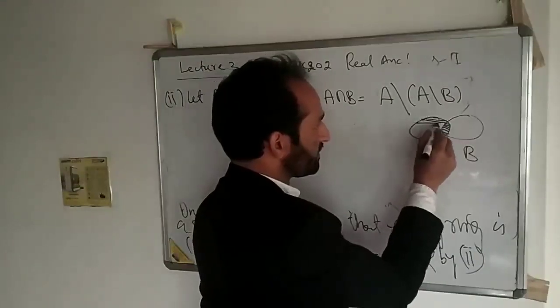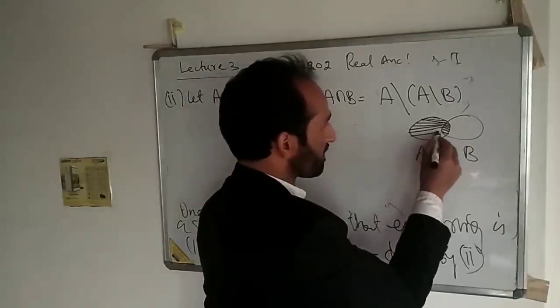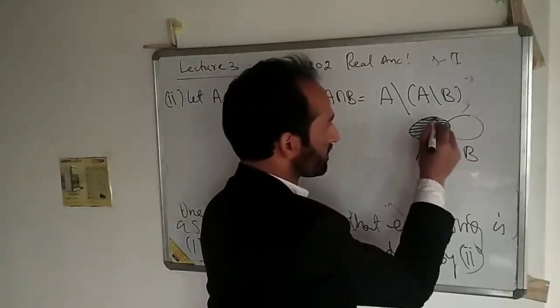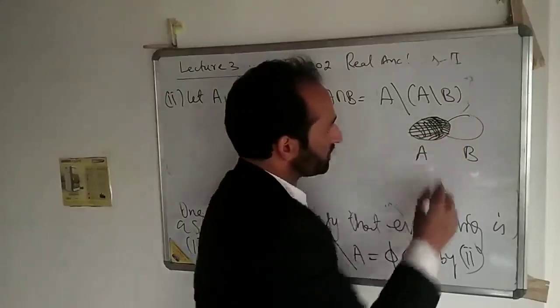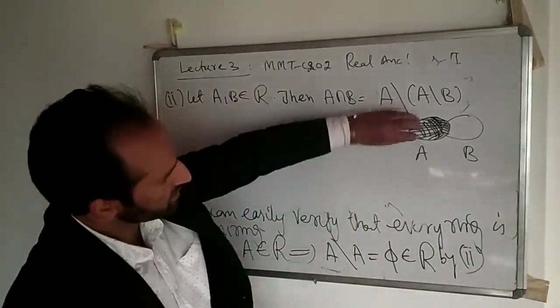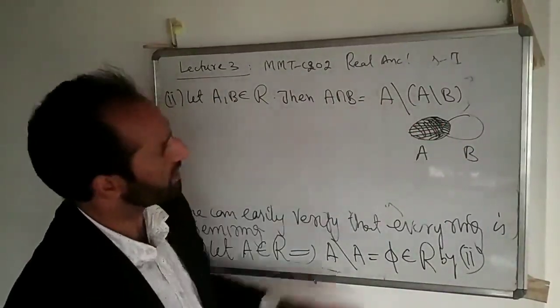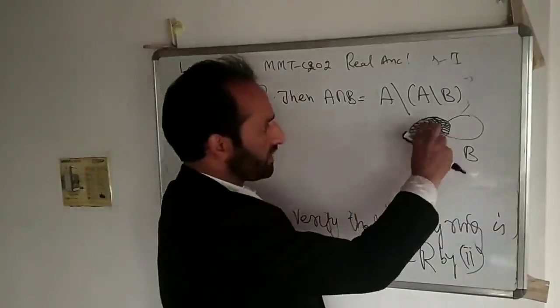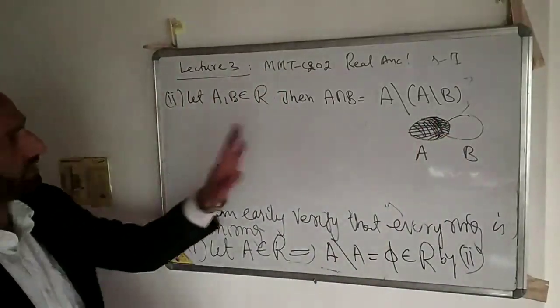Now A minus that portion is equal to the intersection.